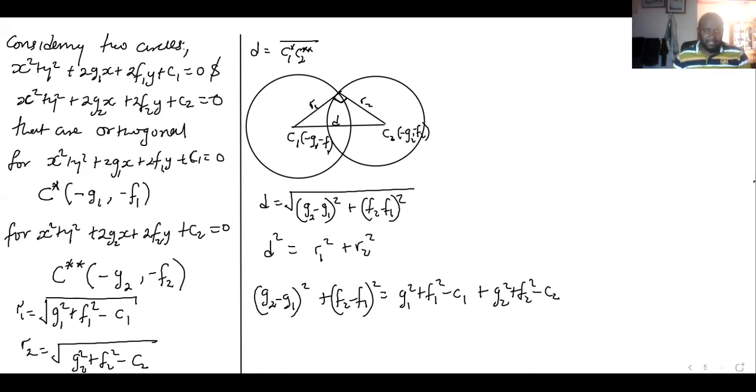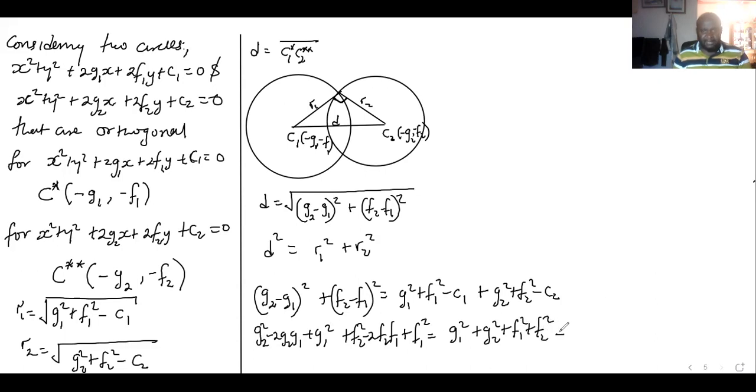The expansions come in handy, giving us G2 squared minus 2 G2 G1 plus G1 squared plus F2 squared minus 2 F2 F1 plus F1 squared is equal to G1 squared plus G2 squared plus F1 squared plus F2 squared minus C1 minus C2.